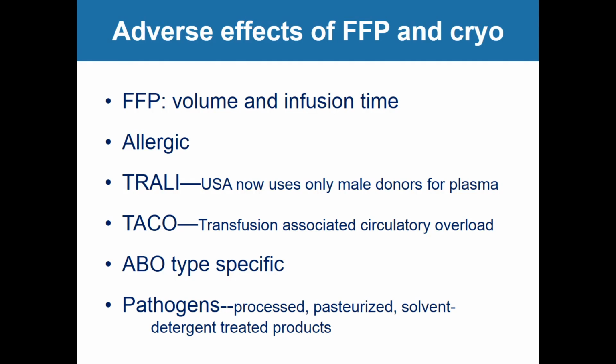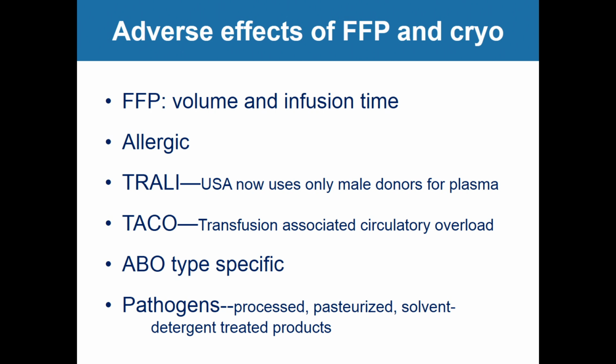For both FFP and cryo, it's important that it be ABO type compatible because FFP contains all the allo-ABO antibodies in various ABO type blood donors, as well as cryo is suspended in the small amount of FFP, similarly containing allo antibodies.